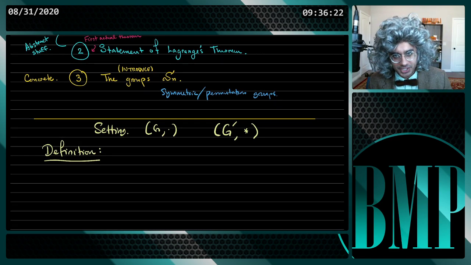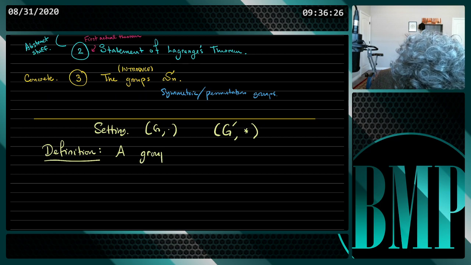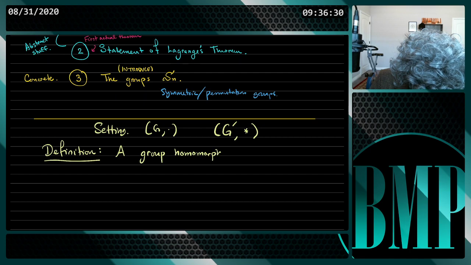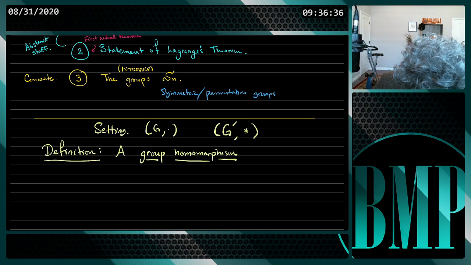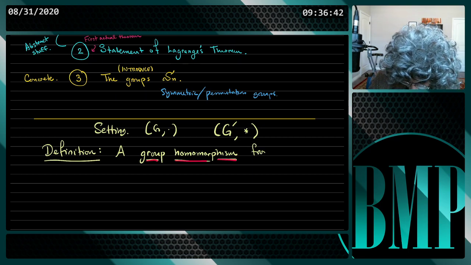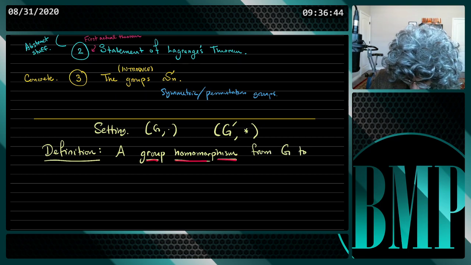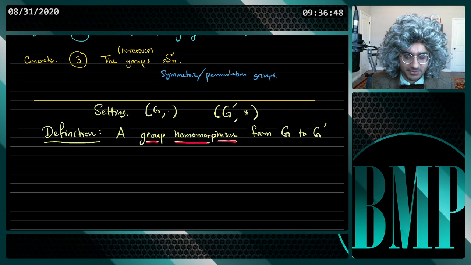All right, so the definition is this. A group homomorphism from G to G prime is first of all just a function.